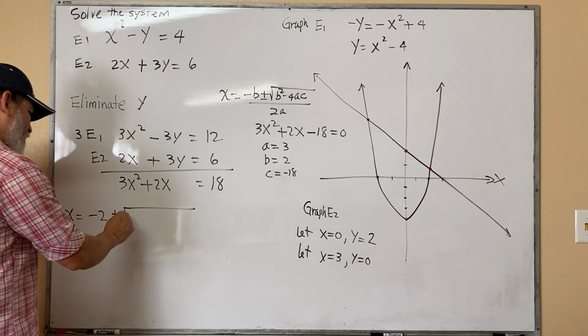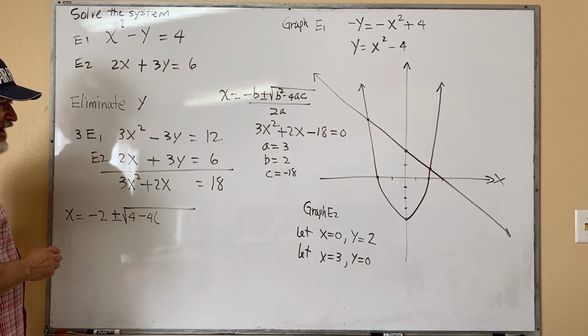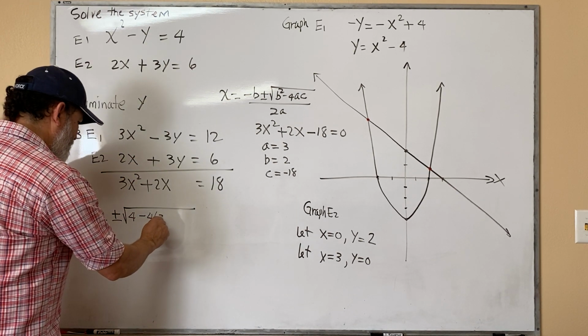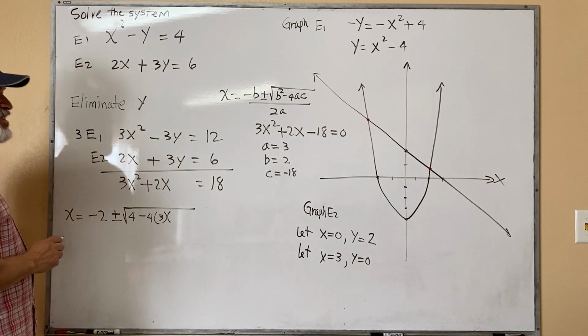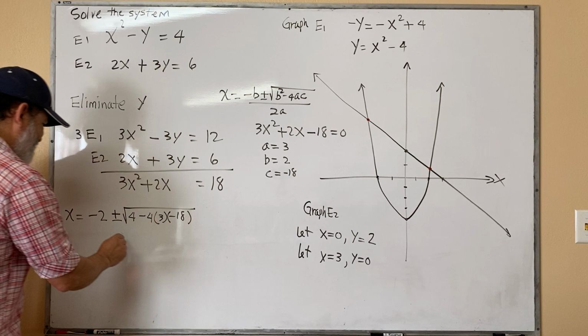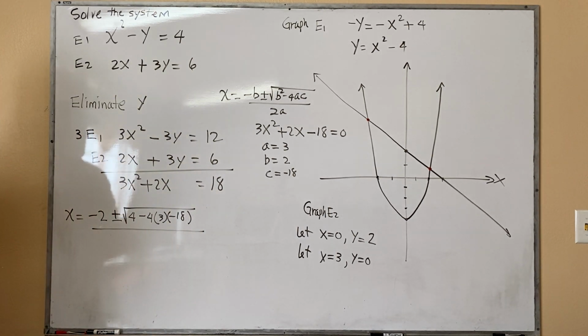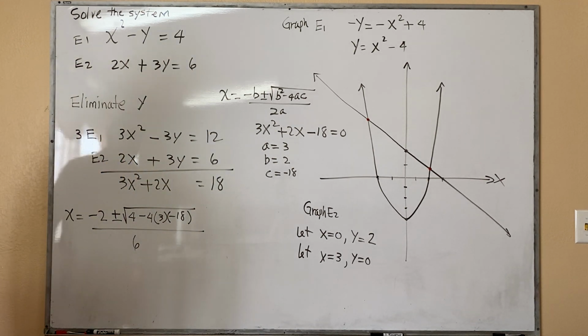What's 2 squared? 4. Minus 4 times a. What's a? 3. Times c. What's c? Negative 18. Divided by twice a. Twice 3. 6.